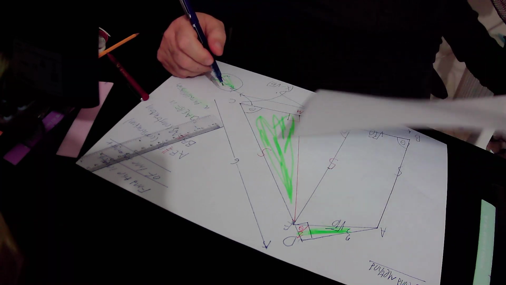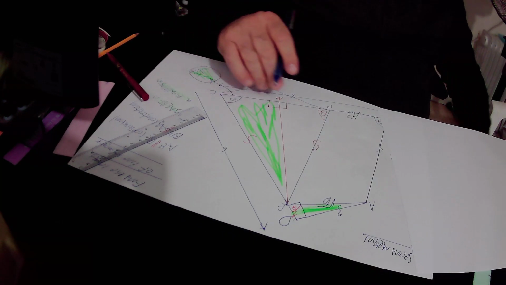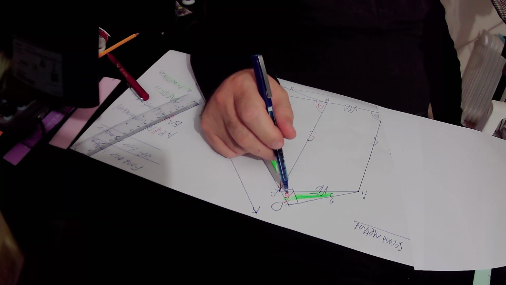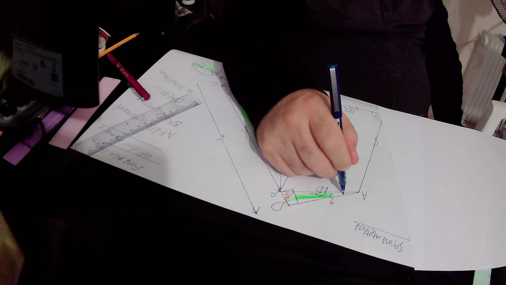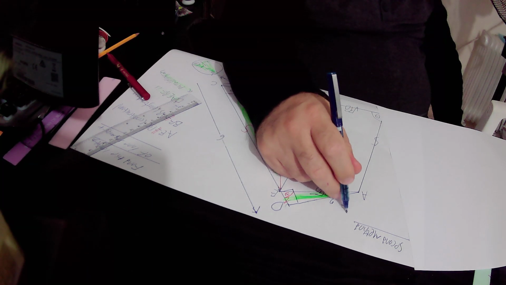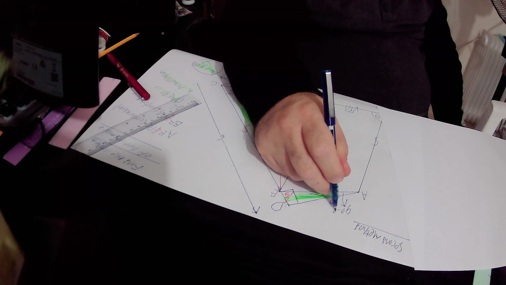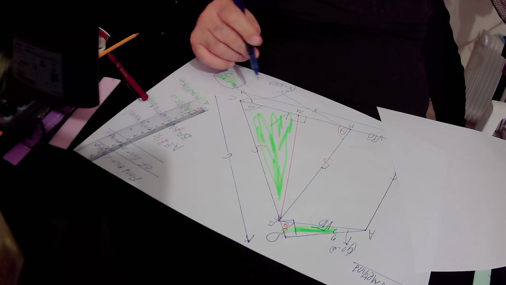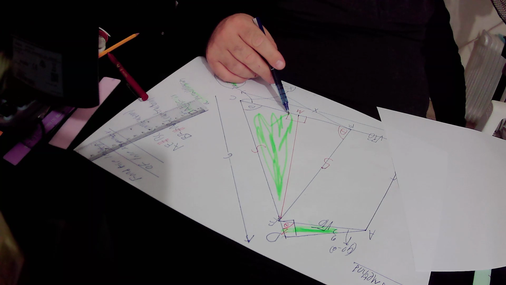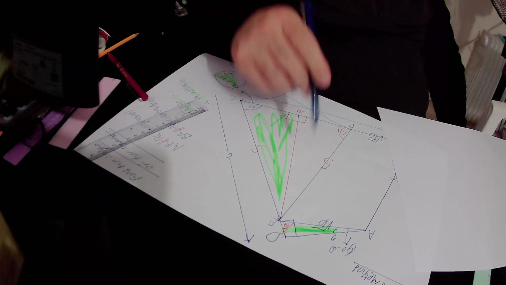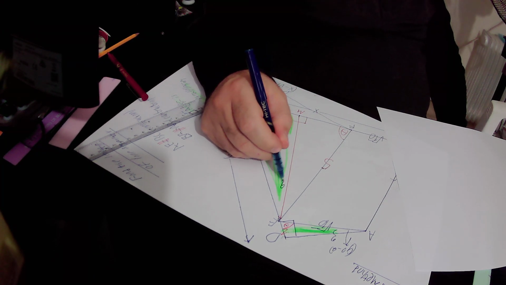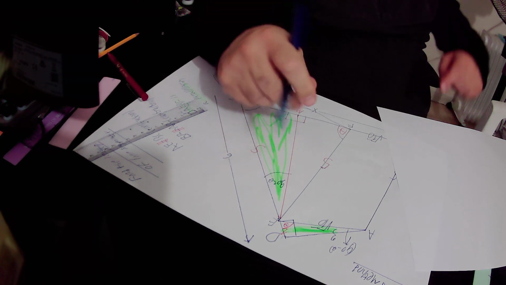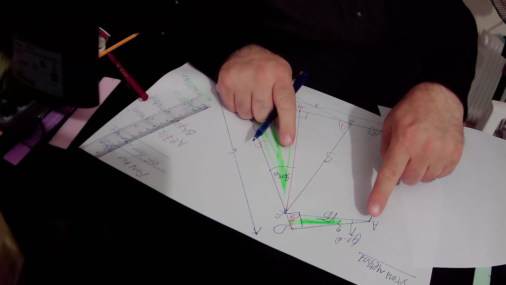And finally, in triangle ADE, this angle equals 90 degrees, this angle equals theta, so this angle must be equal to 90 degrees minus theta. Likewise, in the right green triangle EMC, this angle equals 90 degrees, this angle equals theta, so this angle must also be equal to 90 degrees minus theta. So those two angles are also equal to each other.